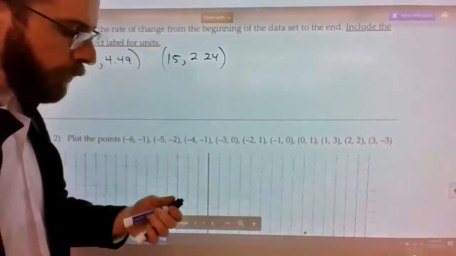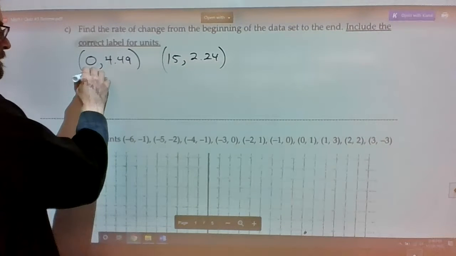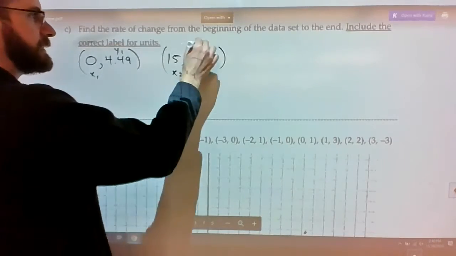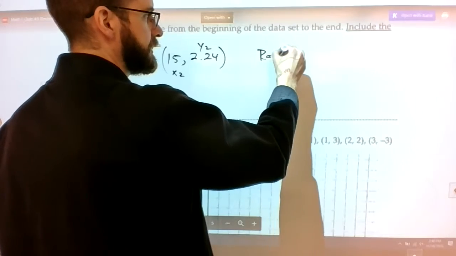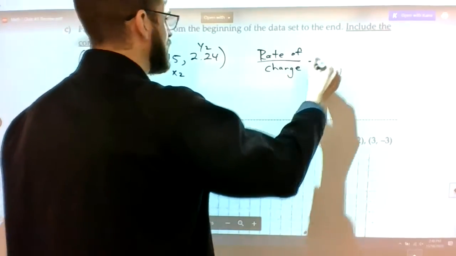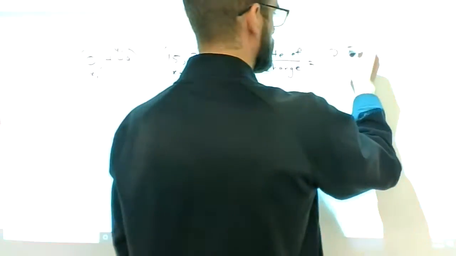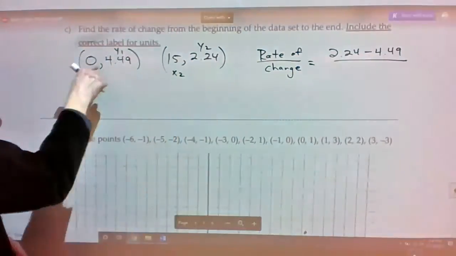Now there's a formula for rate of change. It's the same as the slope formula. If we have our 2 x coordinates and our 2 y coordinates, the rate of change is y2 minus y1 over x2 minus x1.